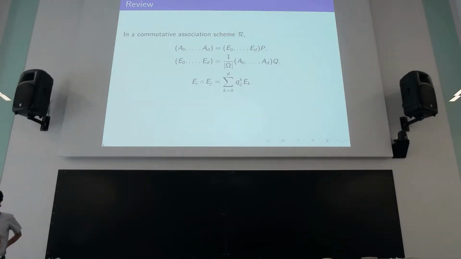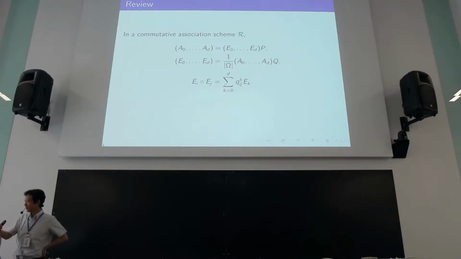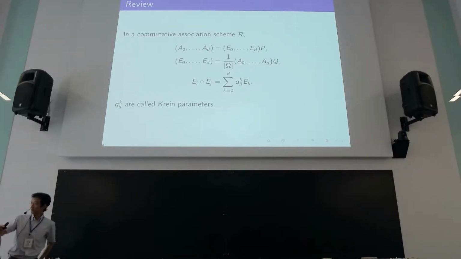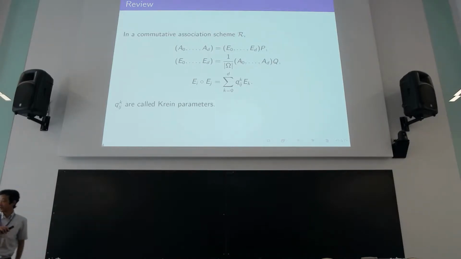I have to divide by the size of omega here. So the Krein parameters appear when you try to expand the entry-wise product of primitive idempotents into a linear combination of primitive idempotents. These are called the Krein parameters. And in a few lectures ago, I showed that they are non-negative real numbers.